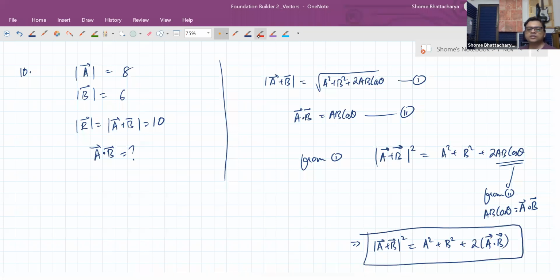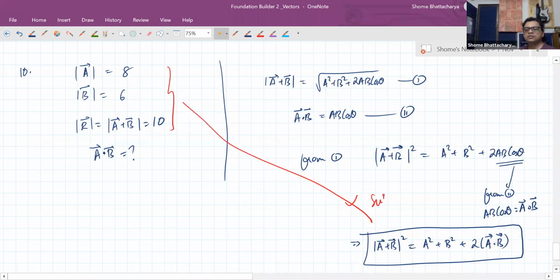So if you substitute this information here, we come to this: 10 square is equal to 8 square plus 6 square plus 2 times A dot B. But here what is happening, this is cancelling out. So in fact our dot product is becoming 0. But suppose it was not cancelling out, even then we could find the dot product from this.